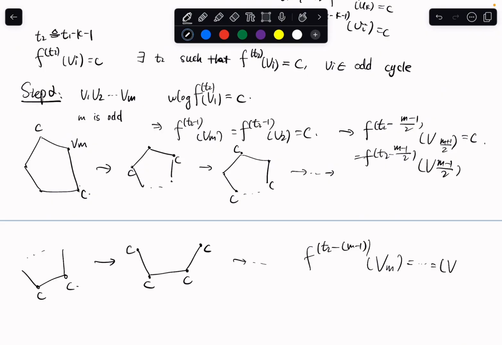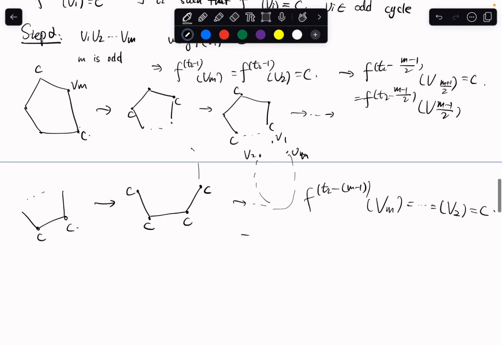I just write the abbreviation, and from vm, this is v1, vm, v2, and all of them are derived. So from v2 to vm to v2 are all c.